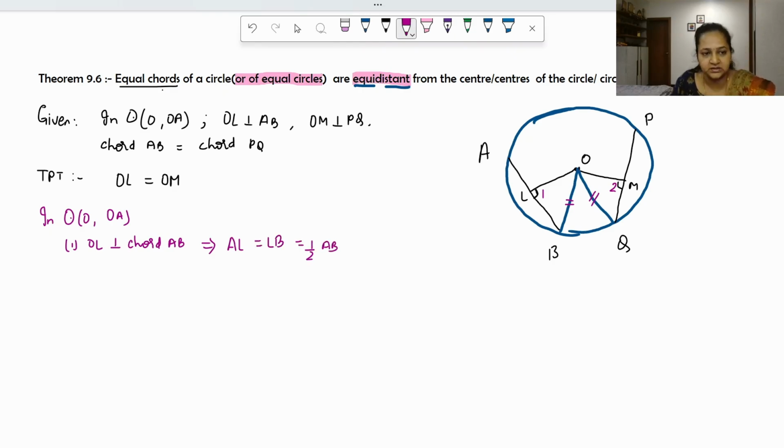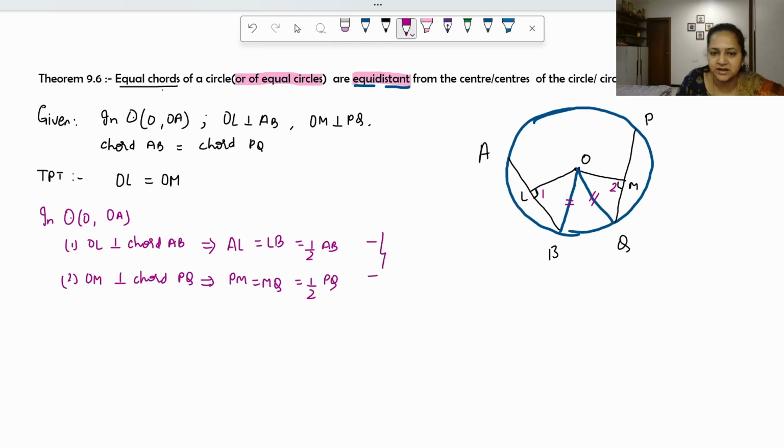Why? Because from the theorem we know the perpendicular from the center of the circle to the chord bisects the chord. It is going to divide the chord into two equal parts. Similarly, we can write for OM. OM is perpendicular to chord PQ. This means PM is equal to MQ is equal to half PQ.